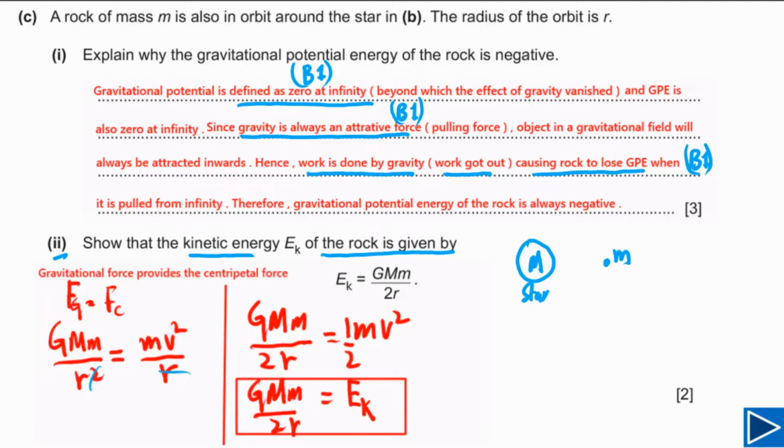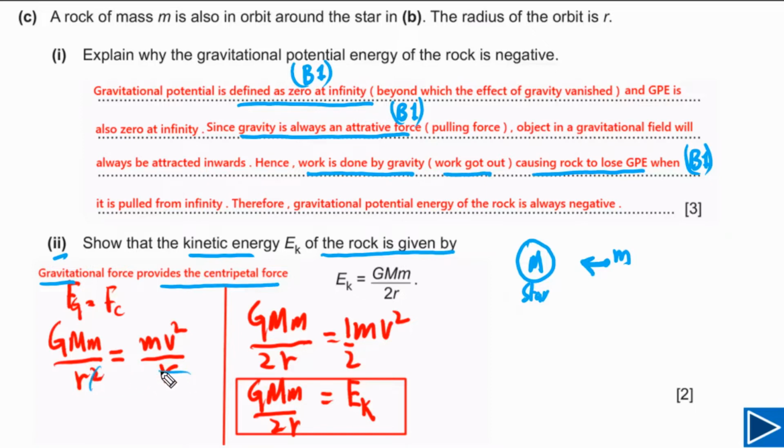Now you can see in this case I have written already gravitational force provides the centripetal force, meaning this rock is orbiting around the star, so there is centripetal force acting on this and that centripetal force is due to gravity. So this is a very good point if you write down here. Now gravitational force is providing the centripetal force, so this is our gravitational force and this one is the centripetal force.